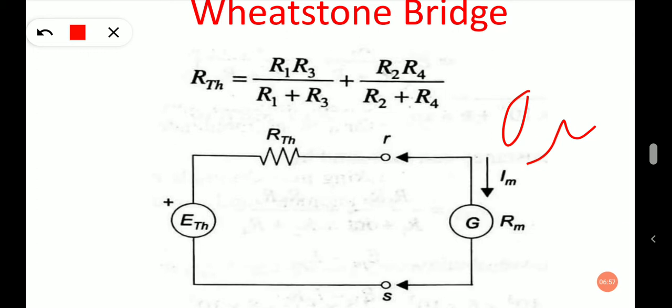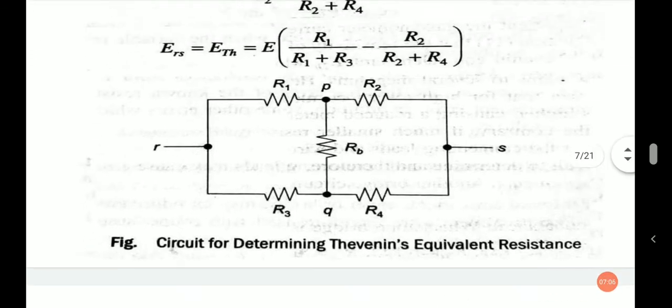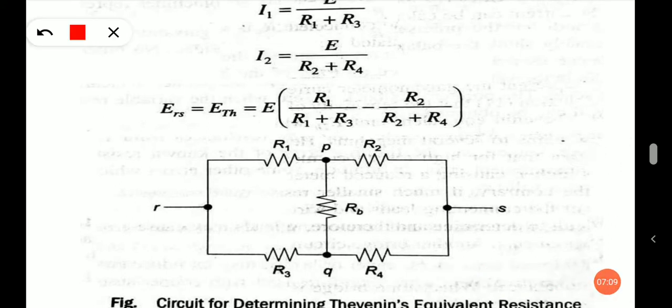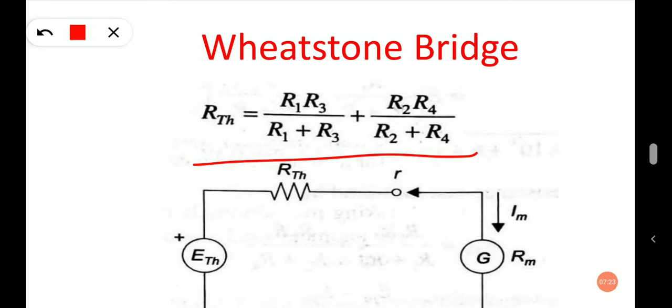Therefore, there is a short circuit between terminals P and Q, and Thevenin's resistance we can write as RTH equals R1 R3 upon R1 plus R3, plus R2 R4 upon R2 plus R4.